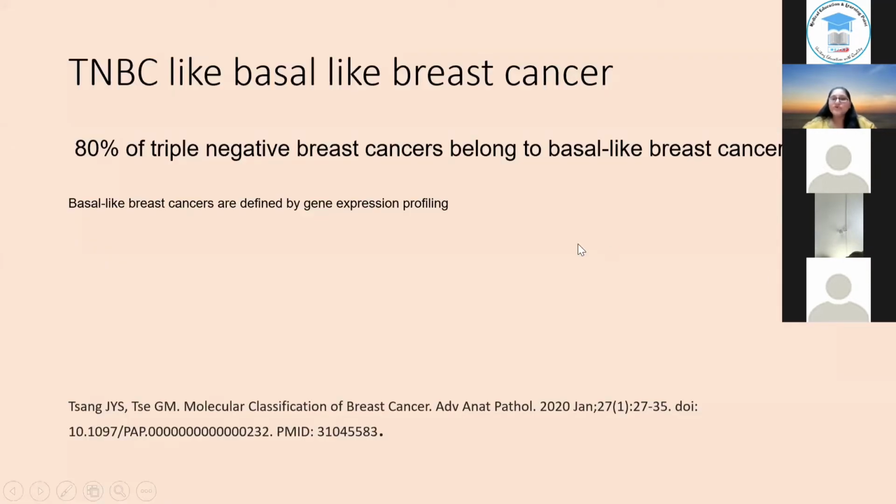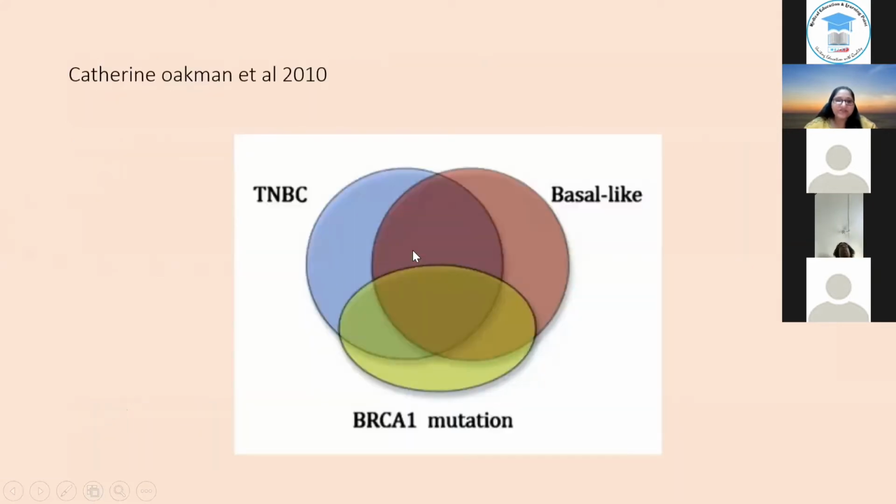One very important point. Many people say that TNBC is a synonym or an alternative to basal-like breast cancer, but that is not true, because 80% of triple negative breast cancers belong to basal-like breast cancers. 20% do not. And basal-like breast cancers are defined by gene expression profiling. So if you see this picture, the blue circle corresponds to TNBC.